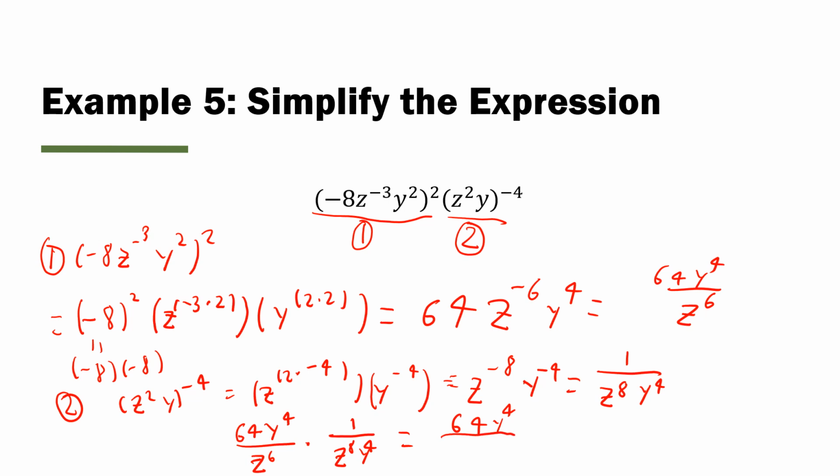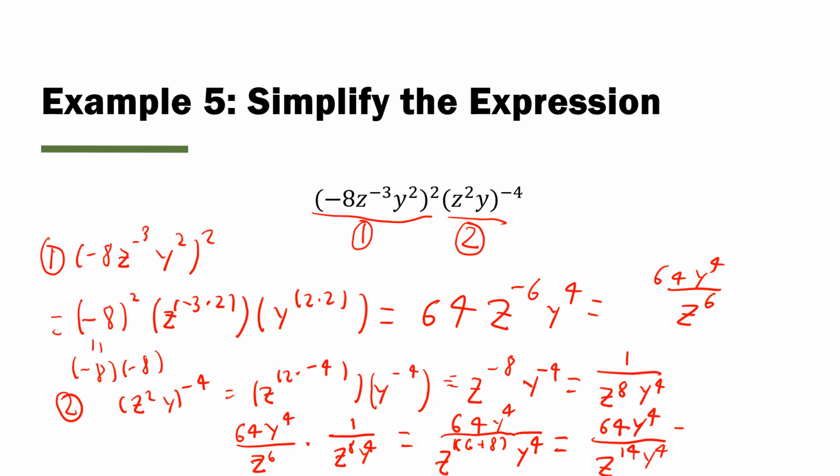In the denominator, we're going to get z to the power of 6 plus 8, in parentheses, multiplied by y to the power of 4. That's going to be equal to 64 times y to the power of 4 divided by z to the power of 6 plus 8 is 14 times y to the power of 4.